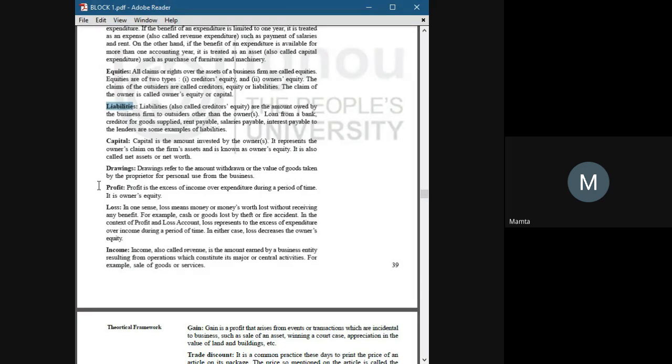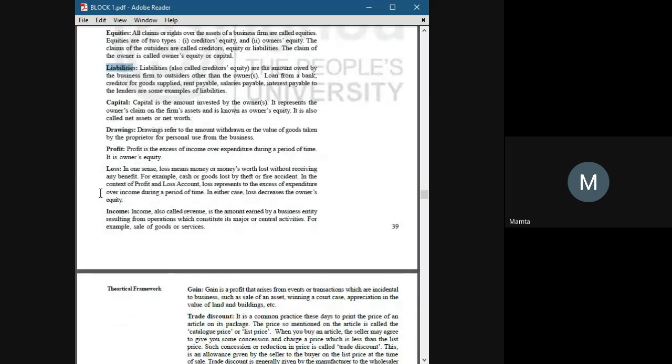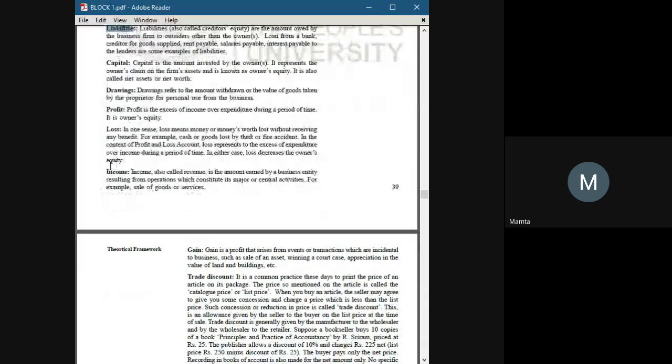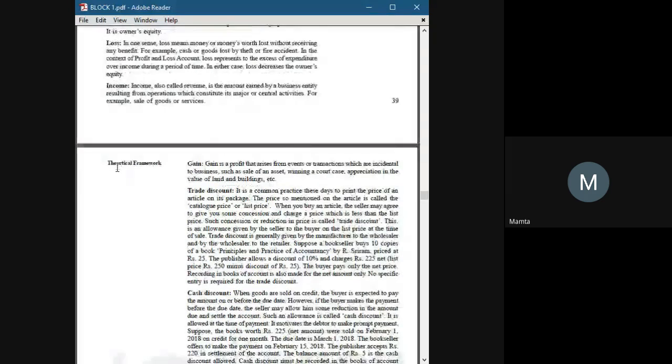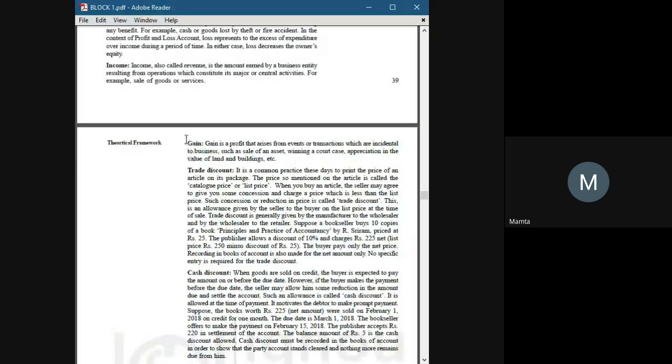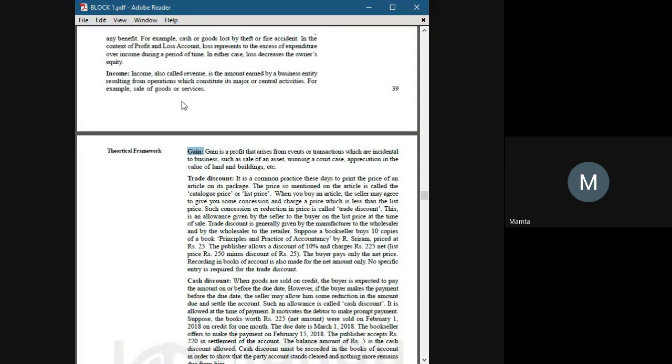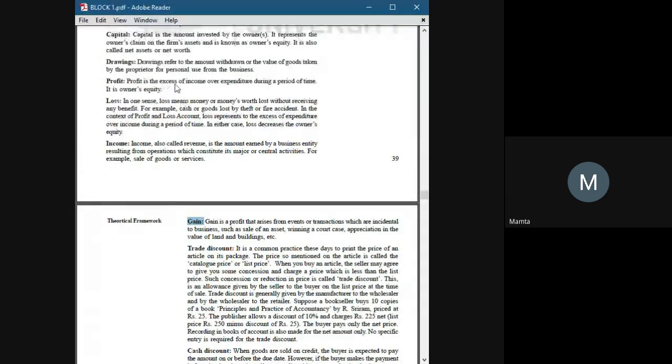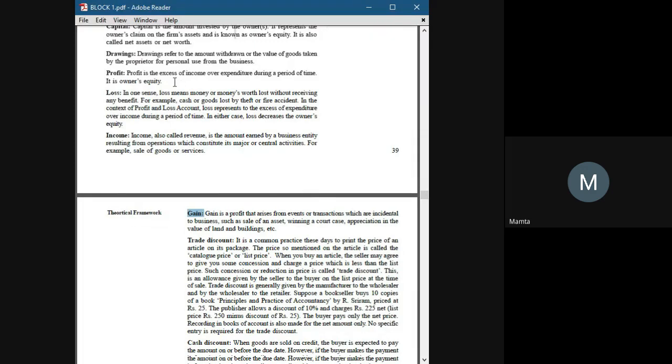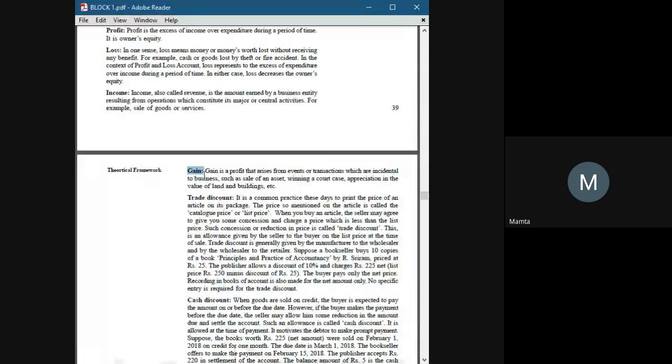Capital drawings is clear. Profit is, we won't know, I guess. See, gain. Profit is when you have excess of income over the expenditure in your business. But gain is when you sell your assets, or when there is an appreciation in the value of land and building, or on your other assets.